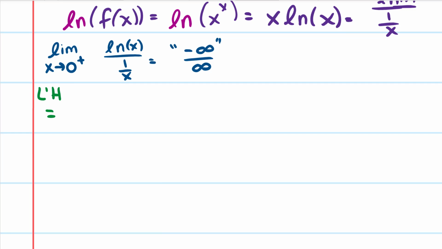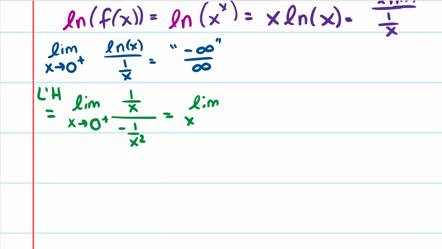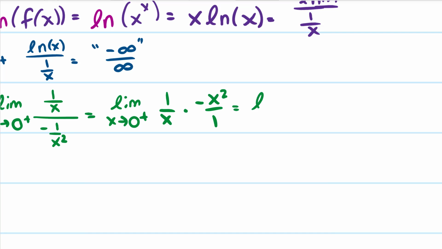By using L'Hopital's rule, I get the limit as x approaches 0 from the right of 1 over x divided by negative 1 over x squared. So this is equal to the limit of 1 over x times negative x squared over 1, which is the limit as x approaches 0 from the right of negative x, which is just equal to 0.